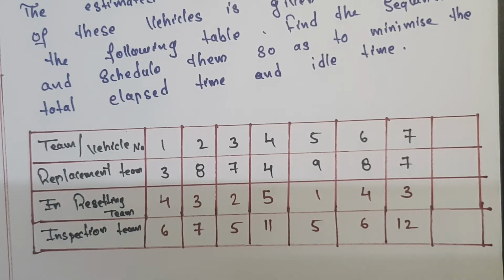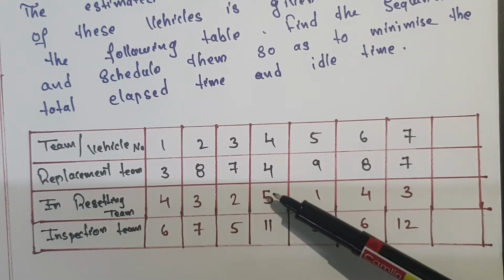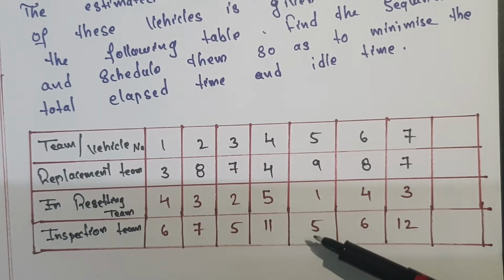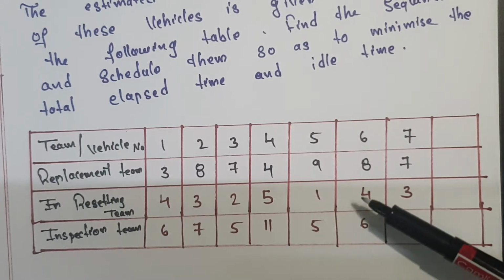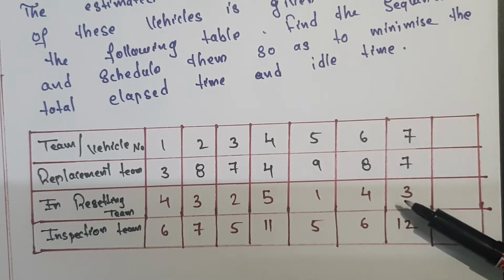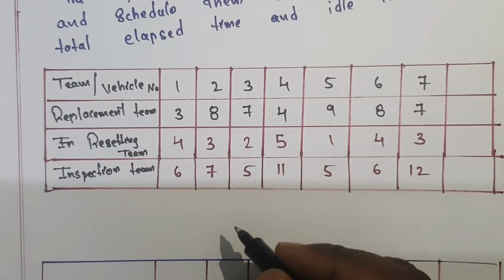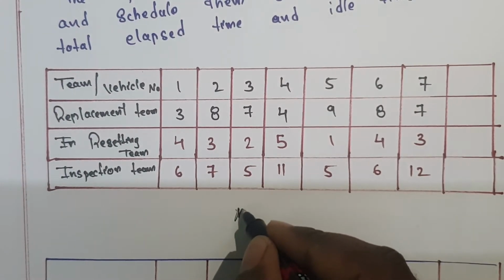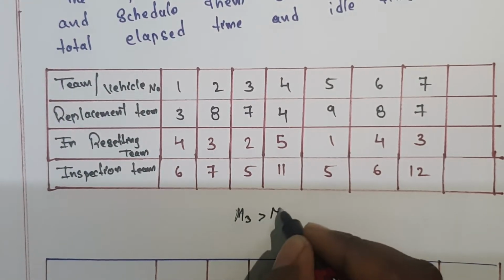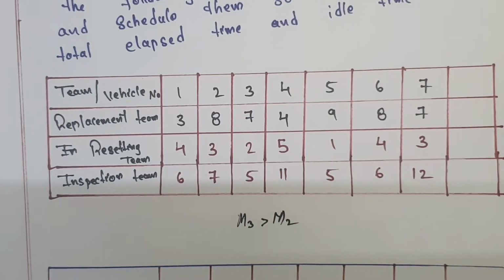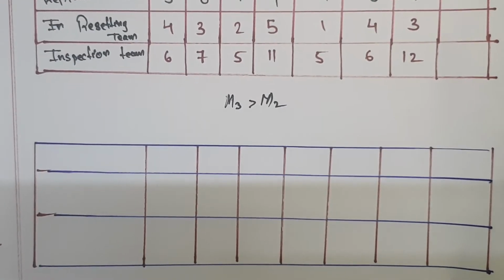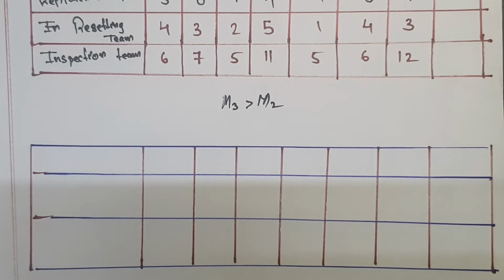First you have to check whether row 3 is greater than row 2 or not. 6 is greater than 4, 7 is greater than 3, 5 is greater than 2, 11 is greater than 5, 5 is greater than 1, 6 is greater than 4, 12 is greater than 3. So it means that M3 is greater than M2. You can write it like this: M3 is greater than M2.